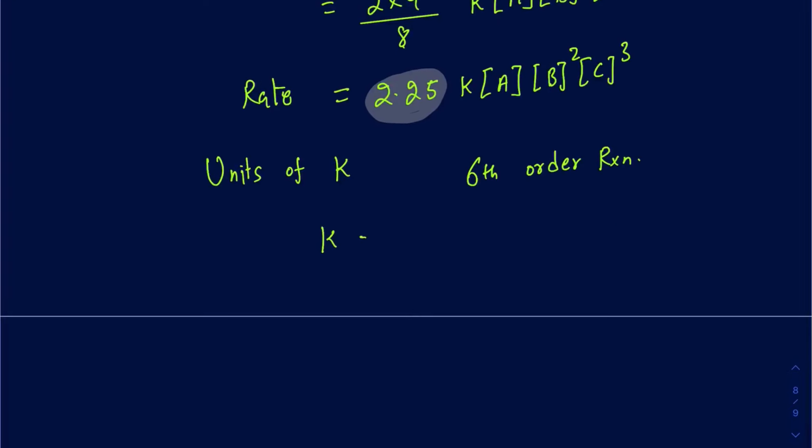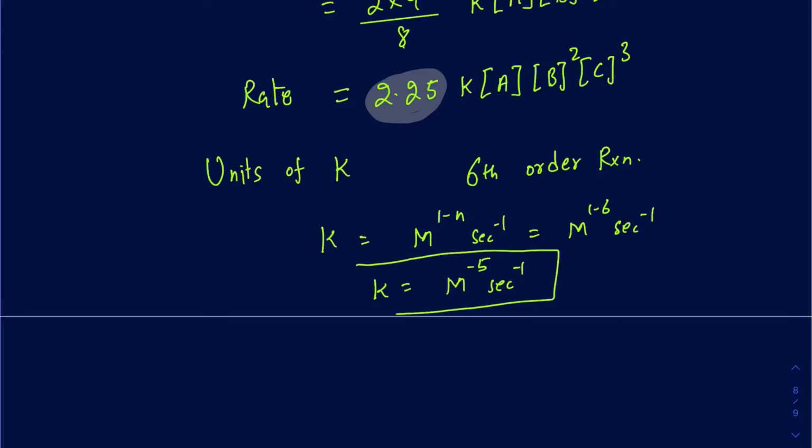I'll go ahead and write down molarity to the 1 minus n, seconds inverse. So then it's going to be molarity to the 1 minus 6, seconds inverse. So at the end of the day, it's going to be molarity to the minus 5 and seconds to the minus 1 power. So that's going to be your final units for the rate constant here.